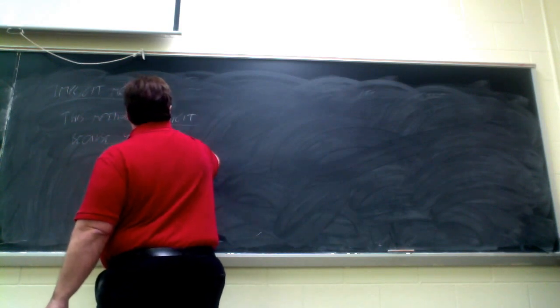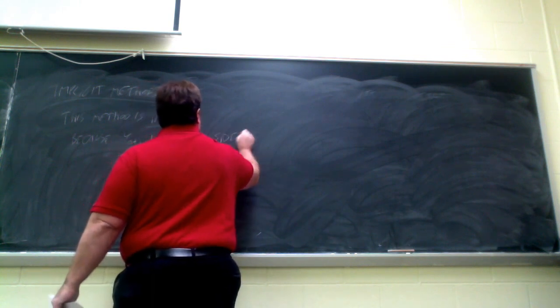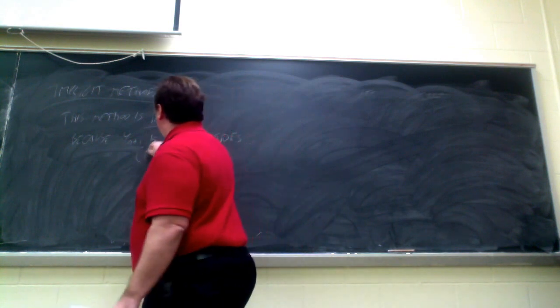Now the thing is, this method, the trapezoidal method, is implicit, because y_{n+1} is on both sides of the equation, plugged into f.